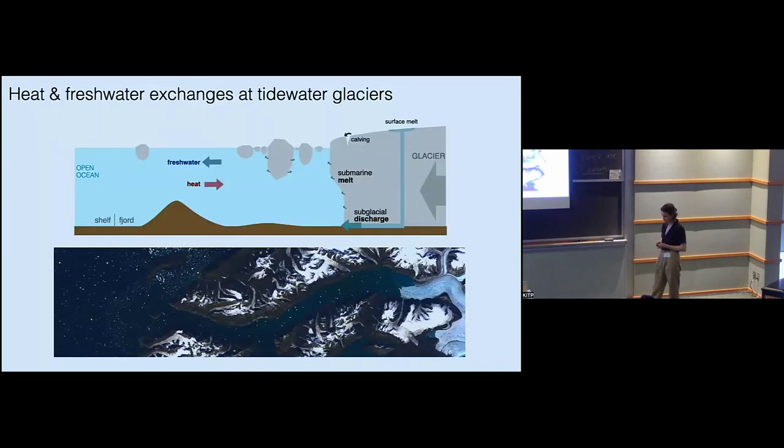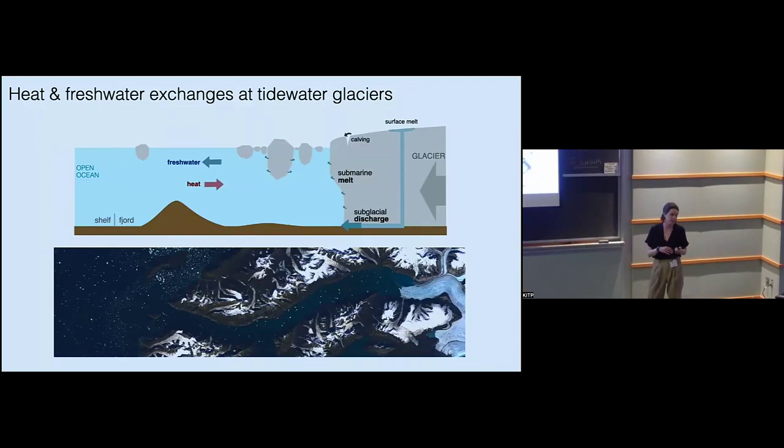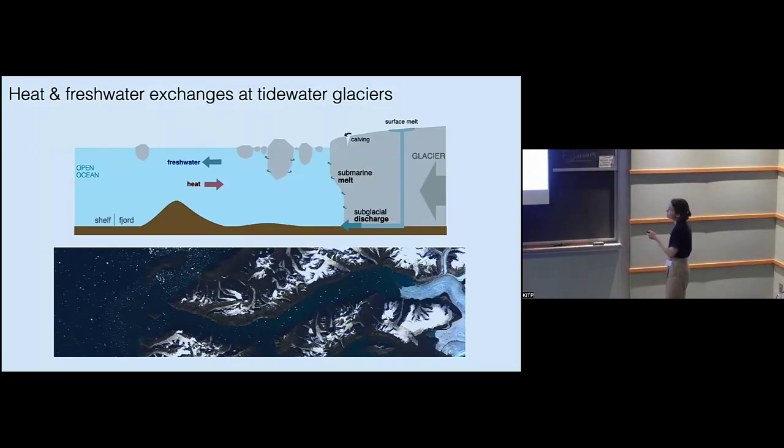So before I get too much into that, I want to just set the scene for a tidewater glacier. So this is in contrast to the ice shelves that we've heard a lot more about. I'm thinking about relatively well-grounded glaciers with relatively vertical termini, where you have these two sources of freshwater coming in.